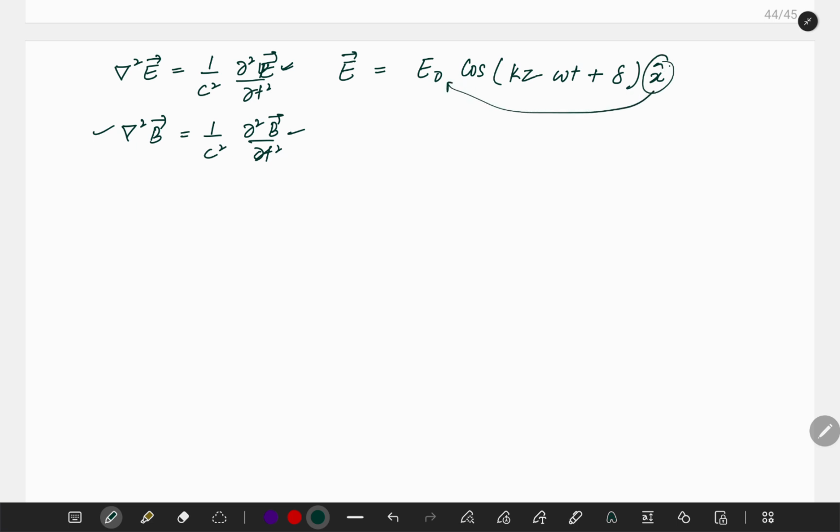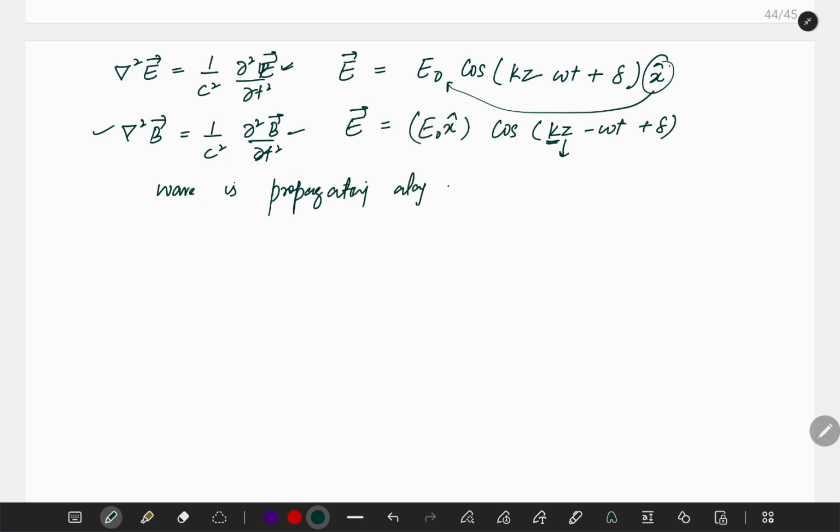In some books you can see the x cap written with it: E equals E naught x cap cos of kz minus omega t plus delta. Exactly the same way, the coefficient of k is z, which means the wave is propagating along the z axis.